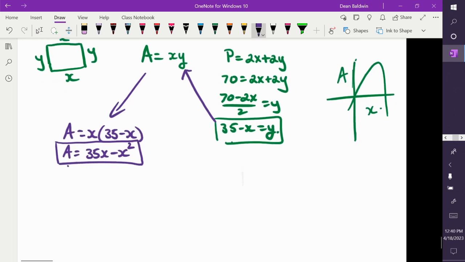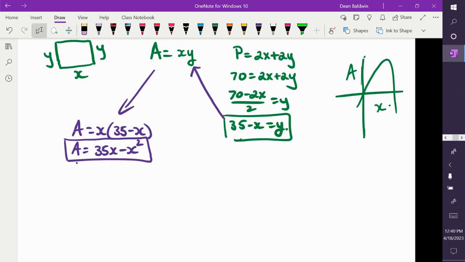Now, I want to find the max of that formula. So what do we do? Take the derivative with respect to, not time, x. It's not a rate question, right? So we go dA/dx is equal to 35 minus 2x.